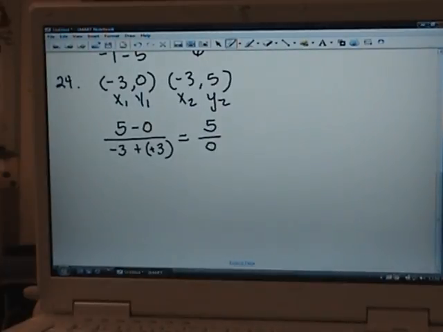The zero's in the denominator. Since you've been adding and subtracting fractions, in 3rd or 4th grade, we've always told you if zero's in the denominator, it's undefined.